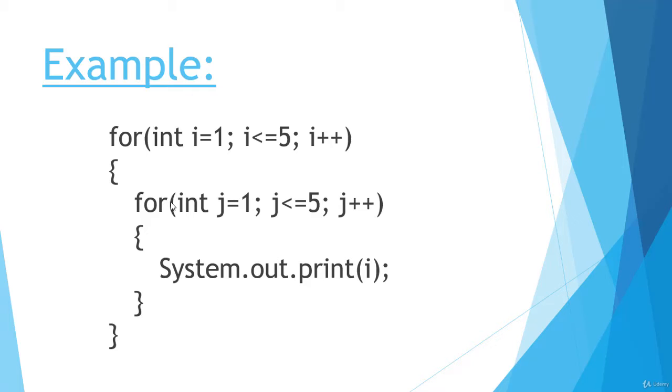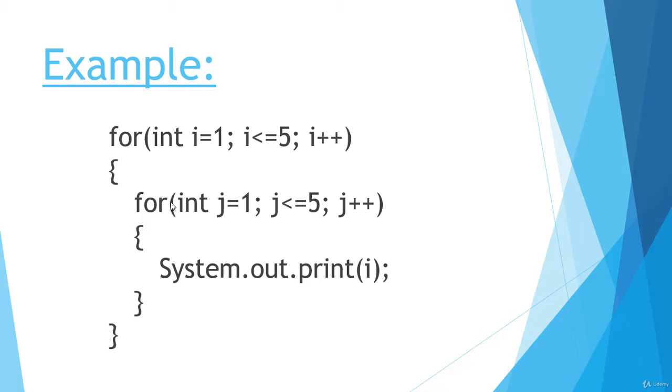Now the value of j is incremented by 1 and now it becomes 3. Now 3 is also less than or equal to 5, so it prints 1 one more time on the screen, so we get 1 three times. So the inner loop prints 5 ones on the screen. And after that the condition becomes false because 6 is not less than or equal to 5, so it comes outside the inner loop and now increments i by 1.